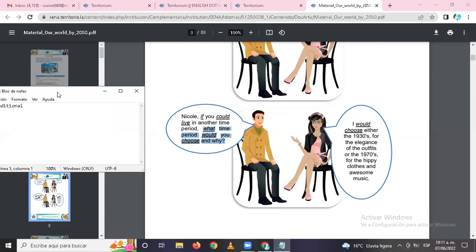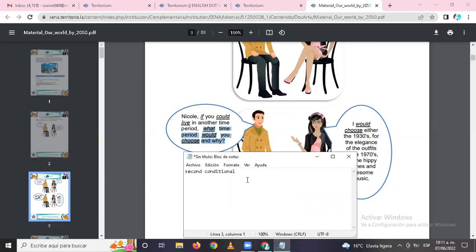So as we saw above, in the second conditional we have the if clause, which is in past simple, comma, and the main clause, which is with would plus verb in infinitive.